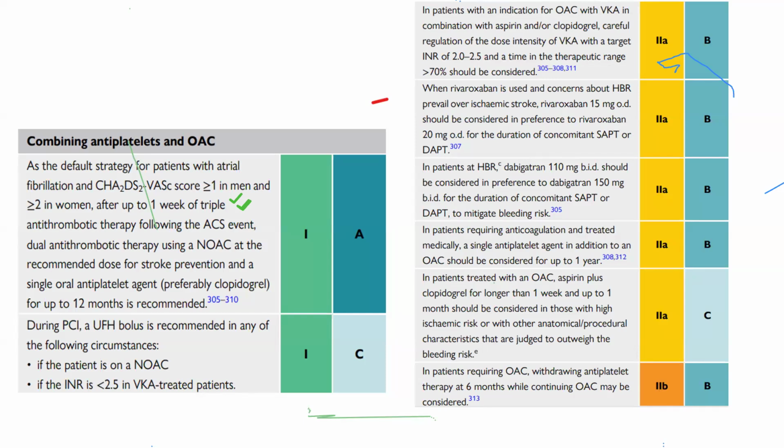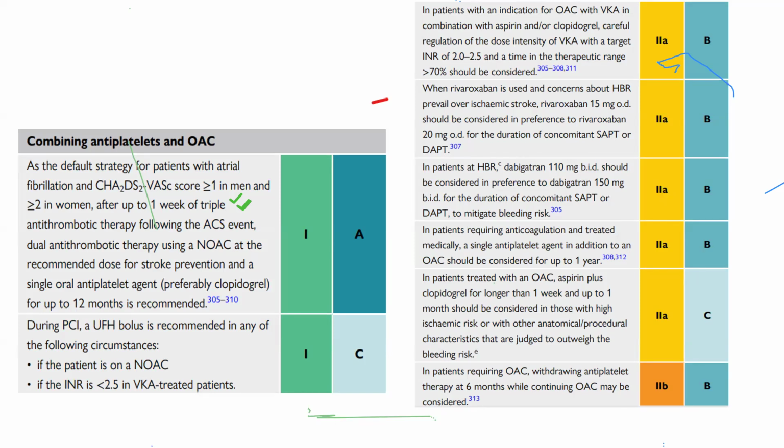So essentially, if someone has a stent, ACS, you've stented, then you have to do dual antiplatelet therapy, but if there's another indication for anticoagulation, such as AF or intracardiac thrombus, then you have to give the DAPT and also give your anticoagulant at the same time. But you have to balance this with the risk of bleeding. So if the risk of bleeding is high or moderate, then the recommendation is to do 1 week of the triple therapy.